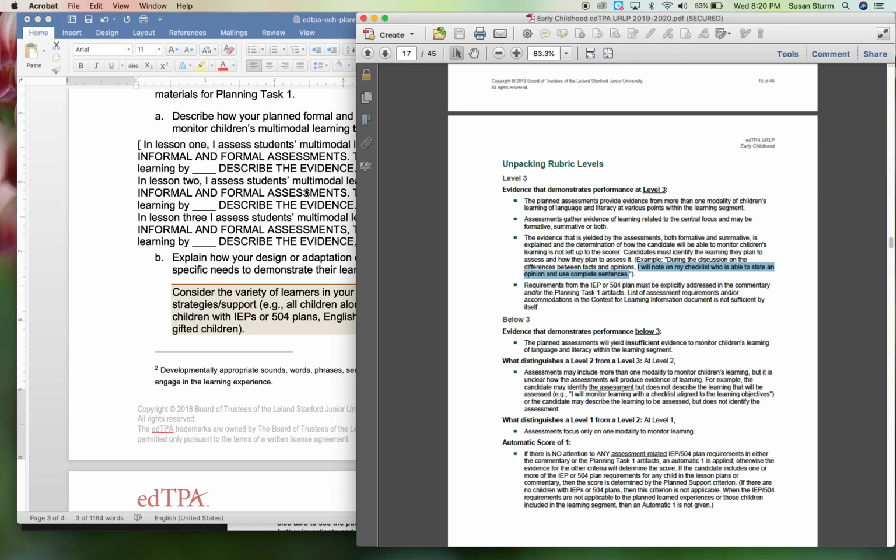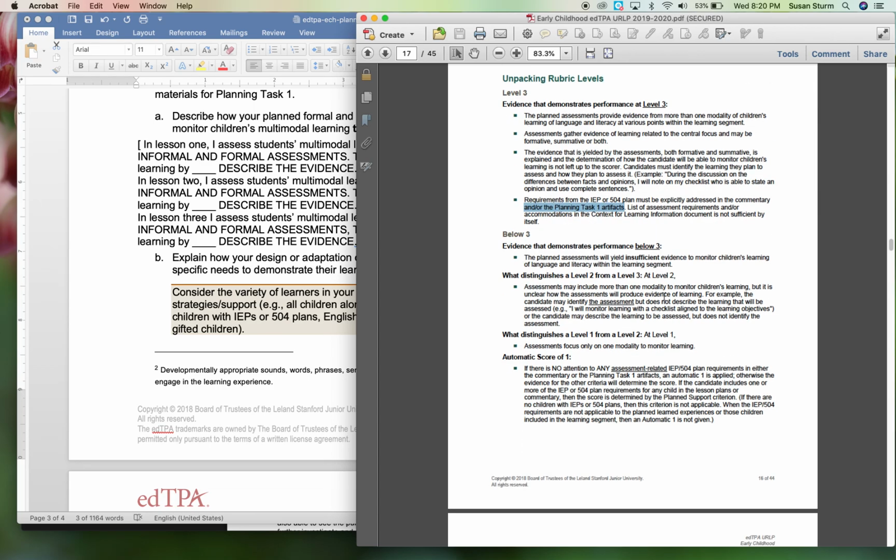But your objectives, if you wrote them in School of Ed style, are all set to a level of criteria for your expectations. That's where you can align your assessment. And then, of course, you have to align to your IEP or 504 plans and explicitly address that in your commentary and in your artifacts. That's your lesson plans. A list of assessment requirements or accommodations is not sufficient by itself.